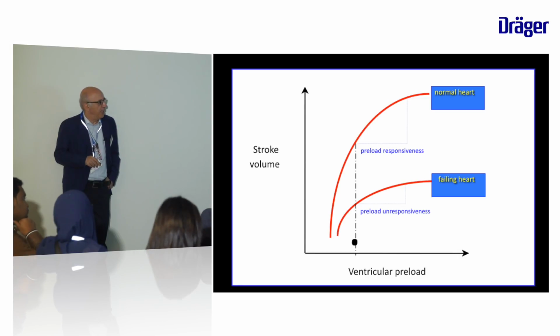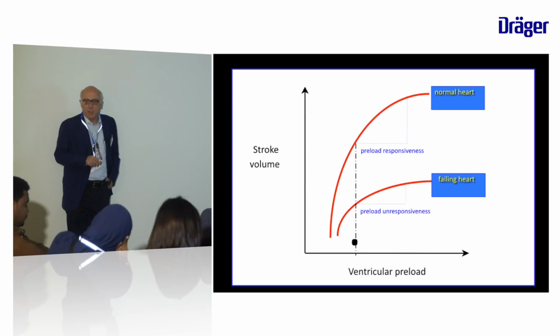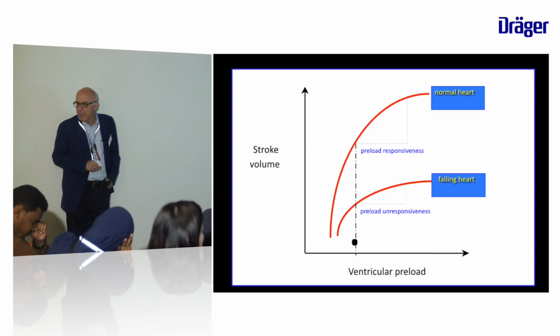For example, here you have this ventricular preload, and in this case you are in a position of preload responsiveness. You increase the preload and you increase the stroke volume. For the same ventricular preload, if you're in a failing heart, so in another curve here, you increase the preload, but you have not much increase in cardiac output.